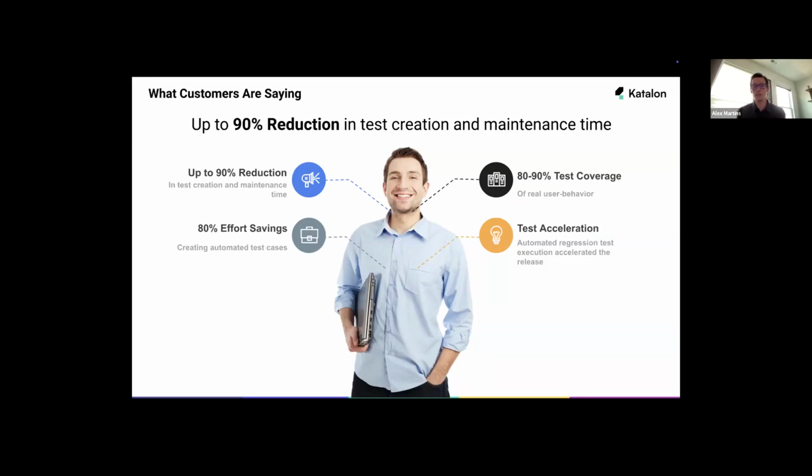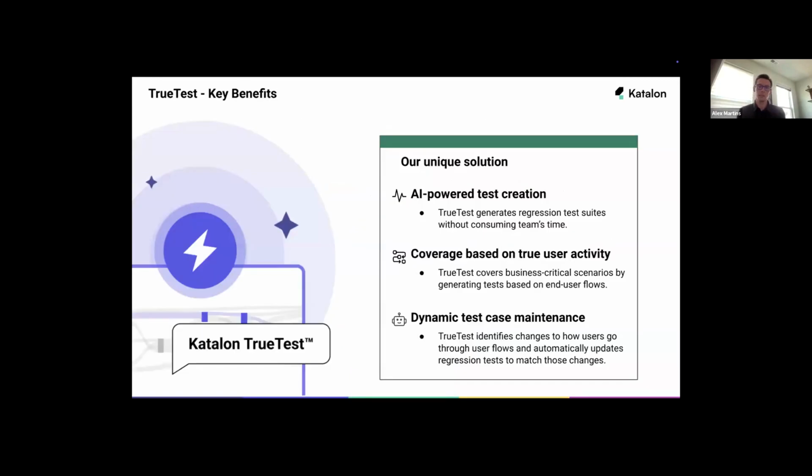Effort savings around 80% on average, increase in test coverage based on how users actually navigate through the application compared to how you actually test the application, and overall acceleration of the testing so that testing doesn't hold up the release. So really tremendous value already delivered in this short amount of time that we have been publicly available, and also during the beta.